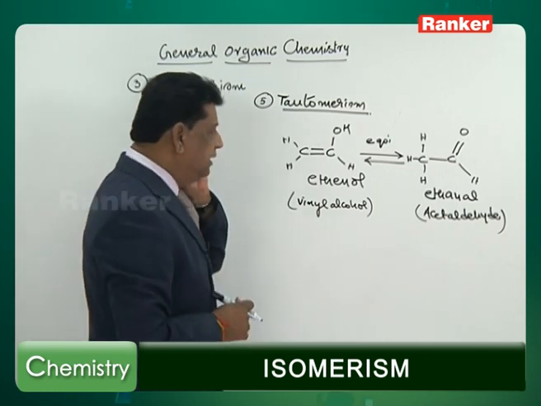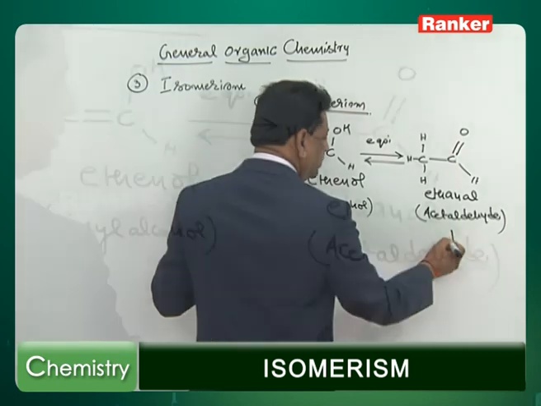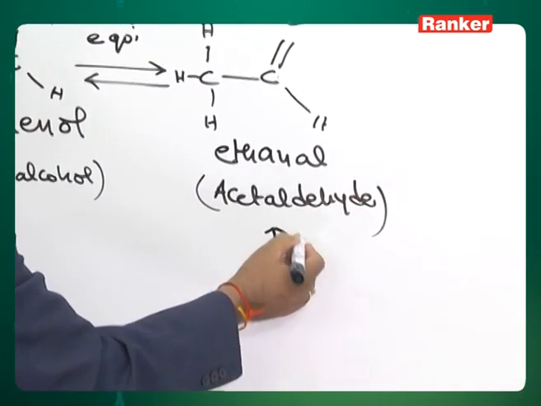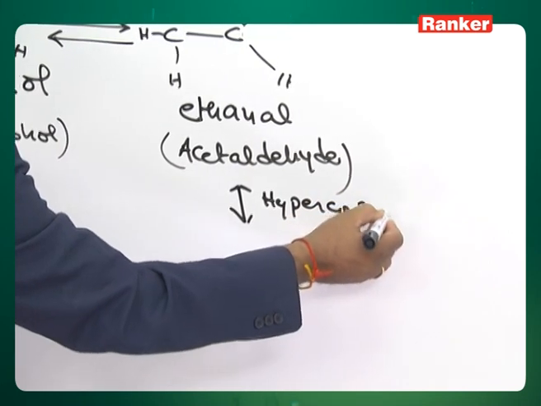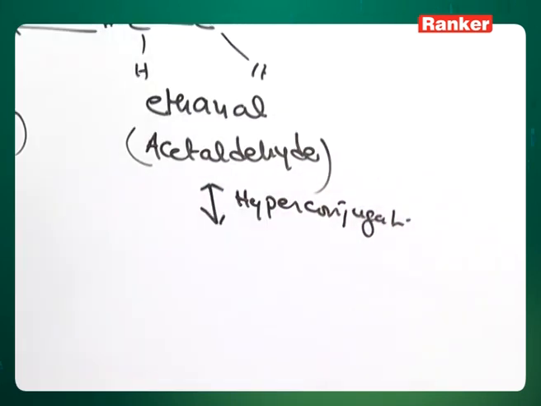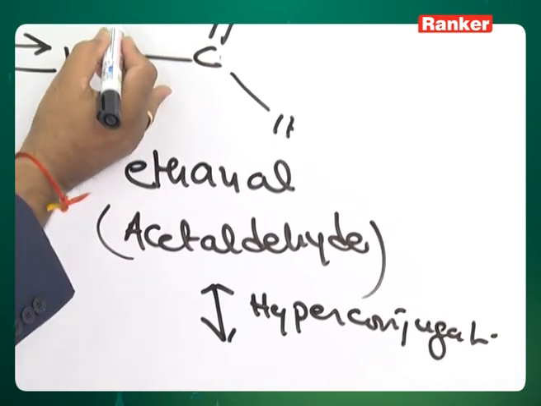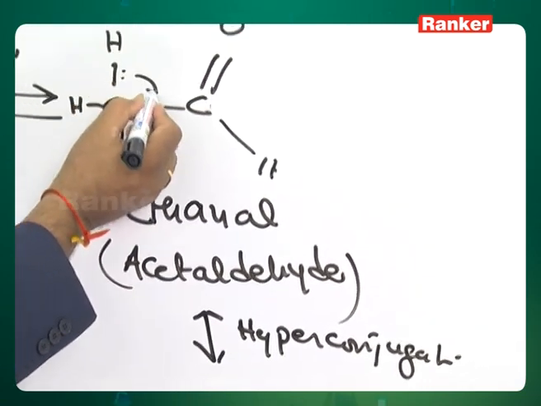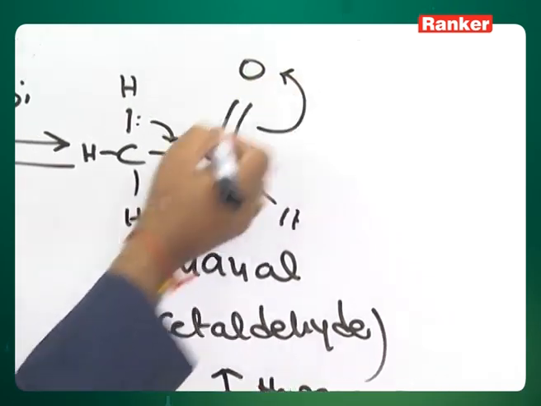How it changes: an aldehyde will have a phenomenon called hyperconjugation. The statement of hyperconjugation is that whenever an unsaturated carbon is attached to a saturated one, the sigma electrons show conjugation with this unsaturated carbon.